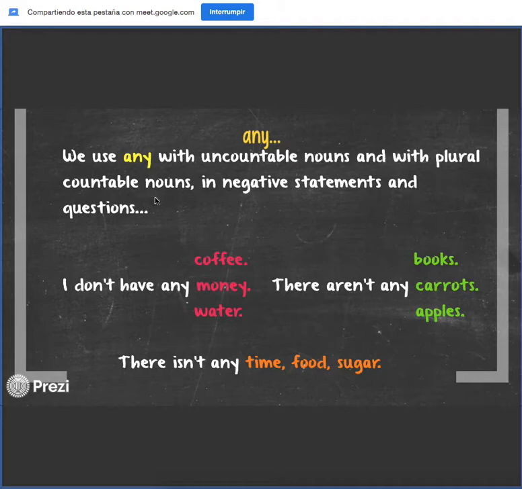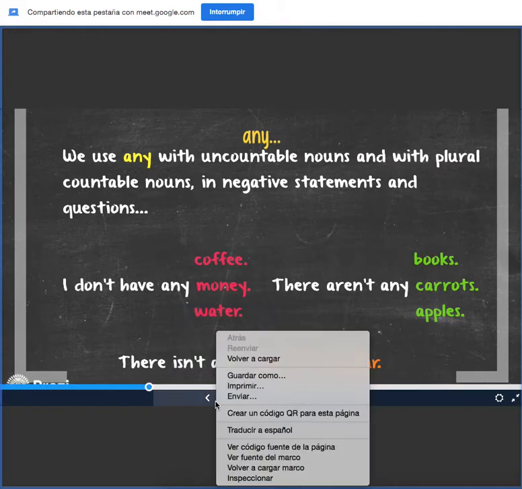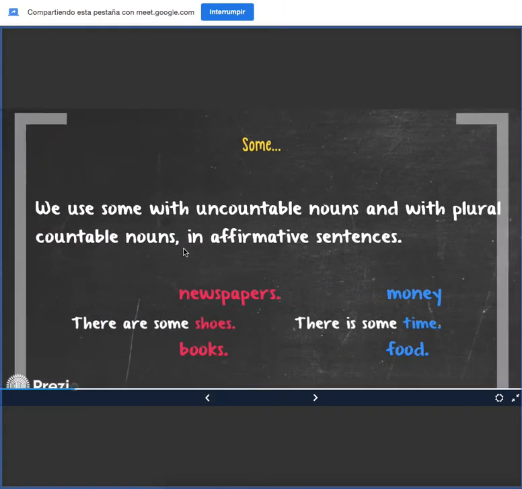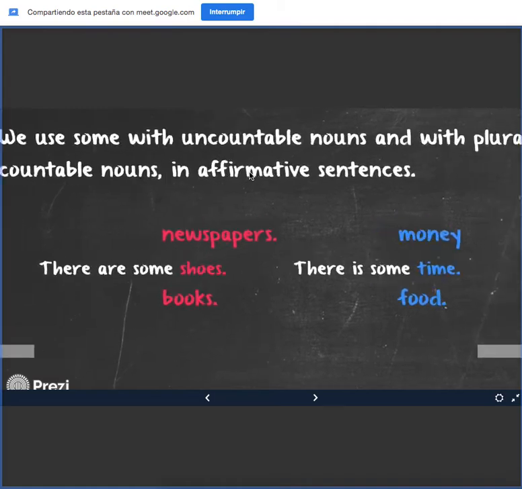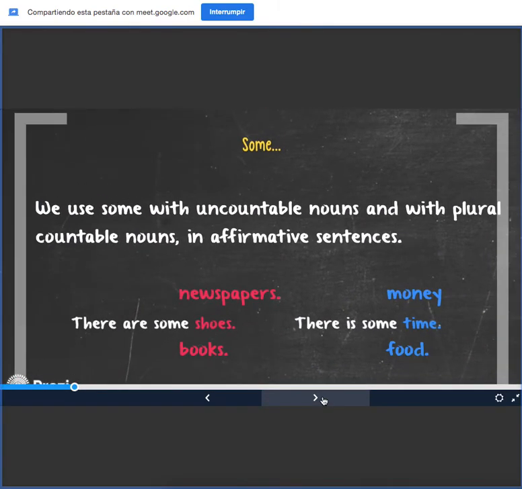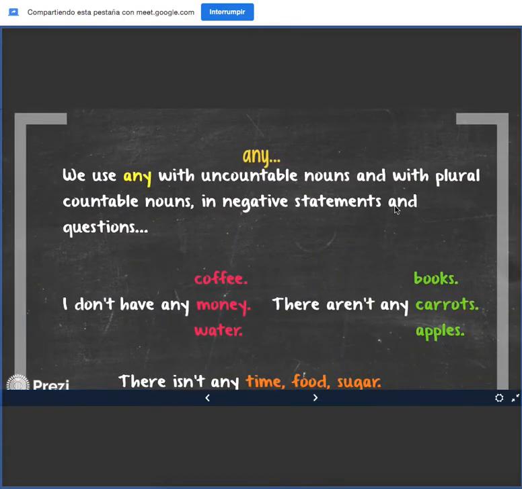You are going to use any when you talk about negative statements and when you make questions. It's different, guys, from some, because in this case, they are telling you specifically that you are going to use some with affirmative sentences. Any with negative and questions. Okay? Let's take a look at the examples.